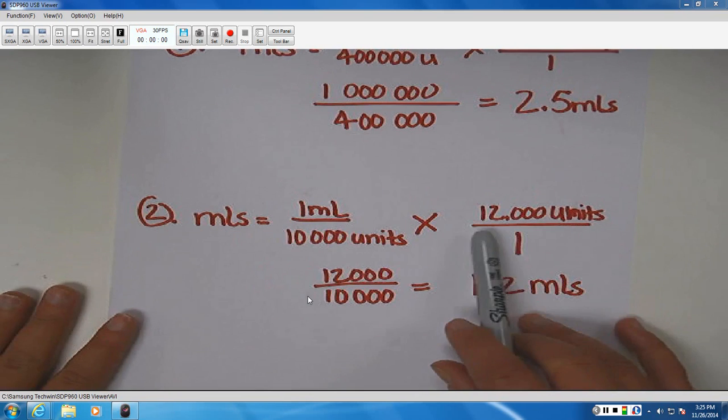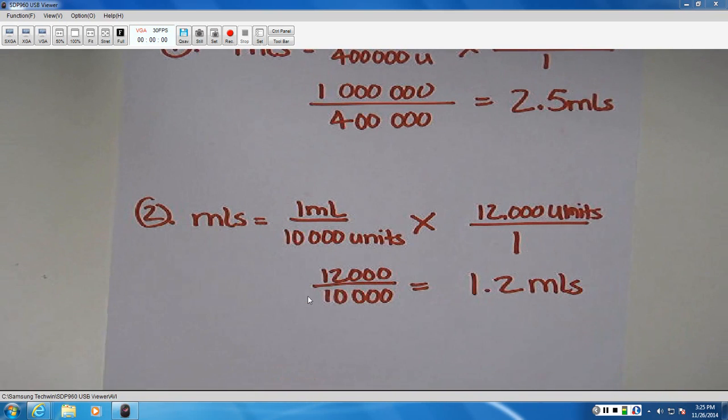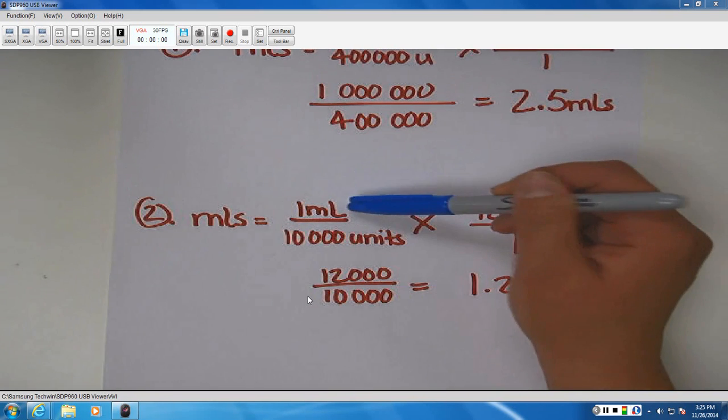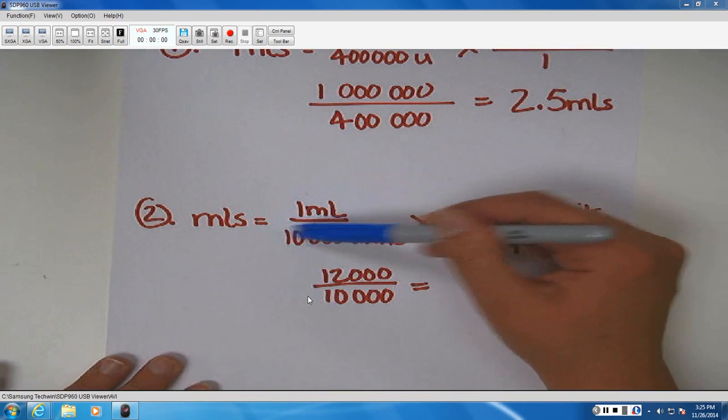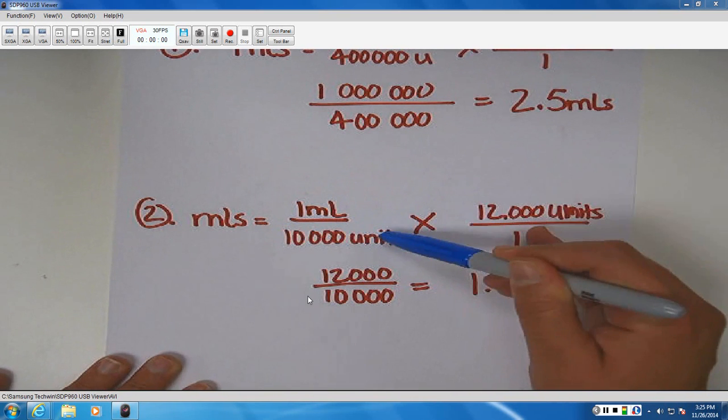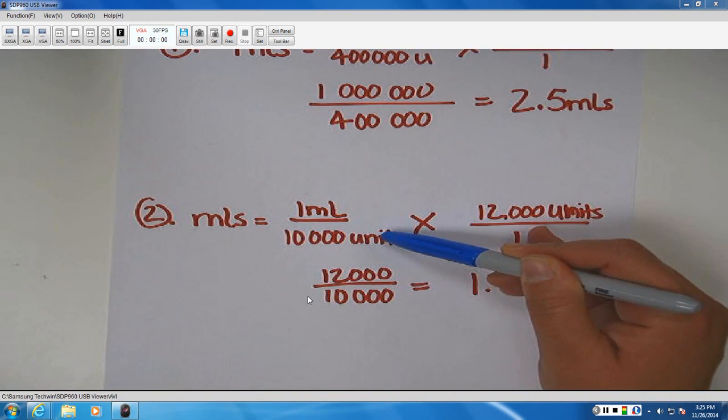But how I set it up is I just made it really simple, and I just wanted to know how many units this medication has per milliliter. And it says very simply right there in red, 10,000 units per mL. So that's my dose on hand. So 1 mL has 10,000 units in it. The doctor has ordered 12,000 units to be given.